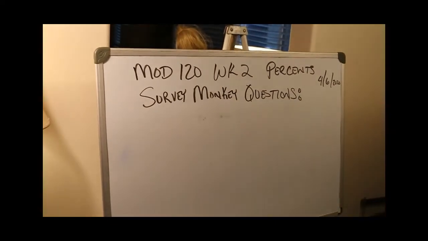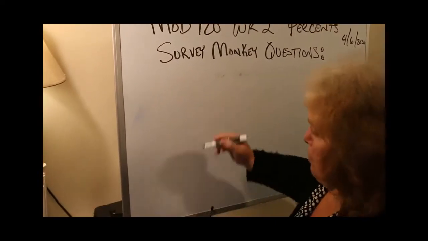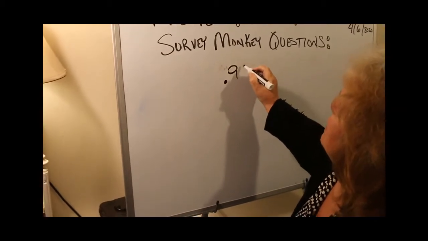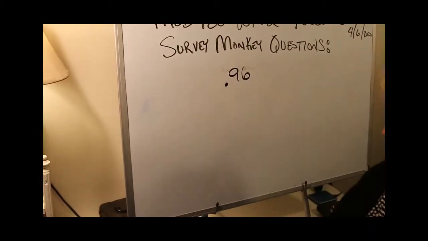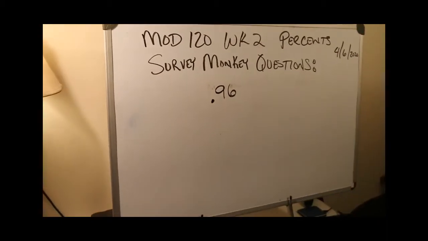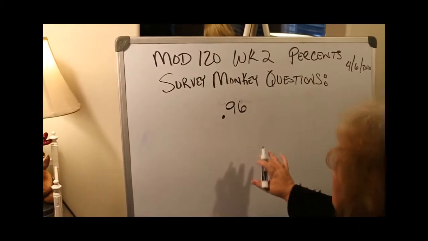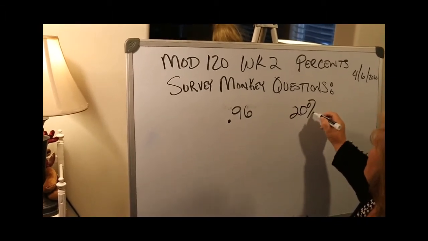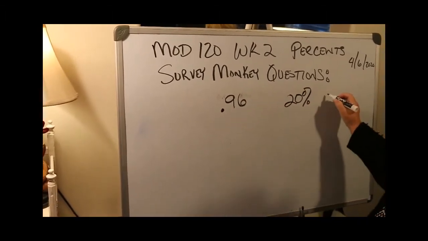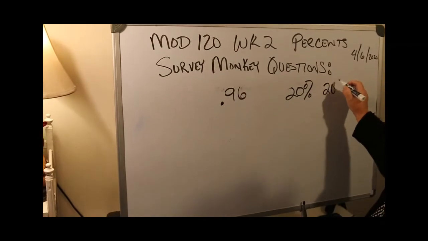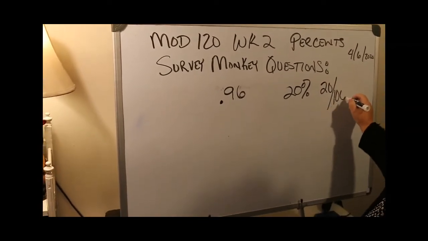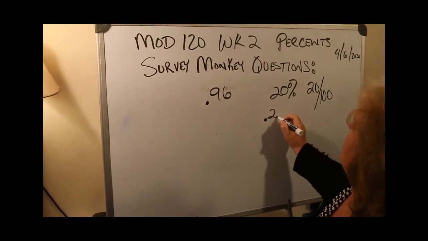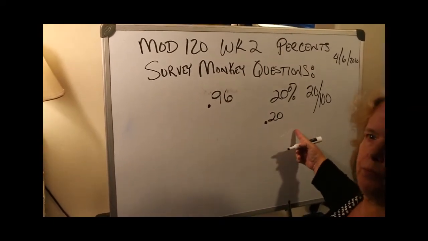So when the first question says convert 0.96 into a percent, take that 20%. That's the same thing as saying 20 over 100, or 0.20, twenty hundredths.